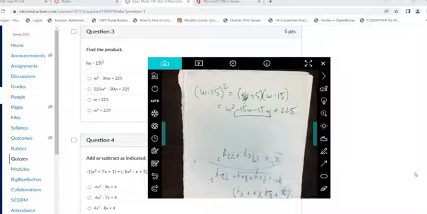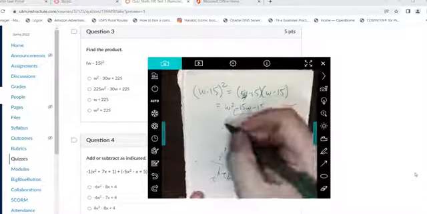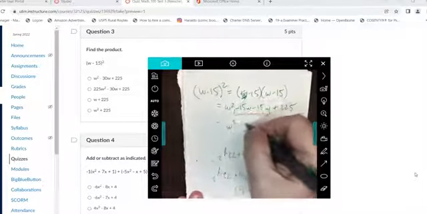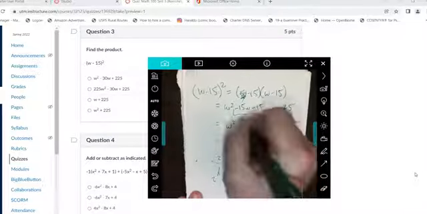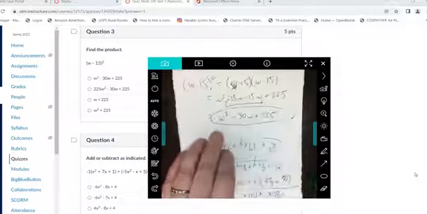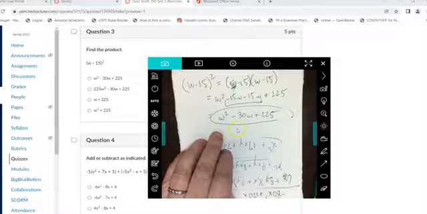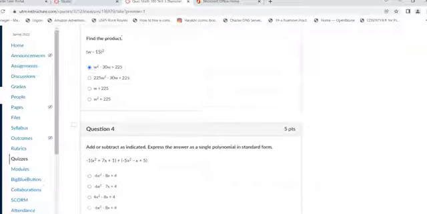And so those together is going to give me negative 30w. Okay, so that's the one I'm looking for. Okay, that's matching that one.